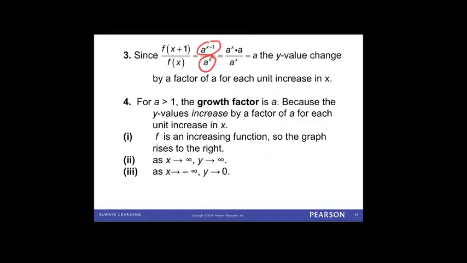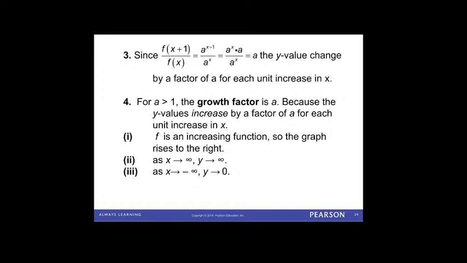If we said this exponent minus this exponent, the x's would cancel and we would be left with a to the power of 1, right? So the f of x plus 1 term divided by the f of x term yields us a. So the y value is changed by a factor of a every time x changes by 1.